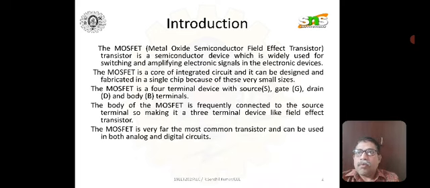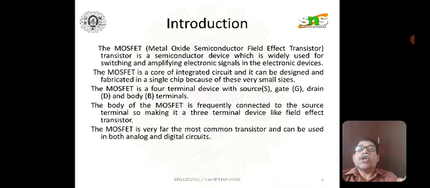What is a MOSFET? The expansion of MOSFET is metal oxide semiconductor field effect transistor. It is a semiconductor device, a three-layer semiconductor device, which is nothing but a transistor, where a metal oxide is poured on the top of the device.